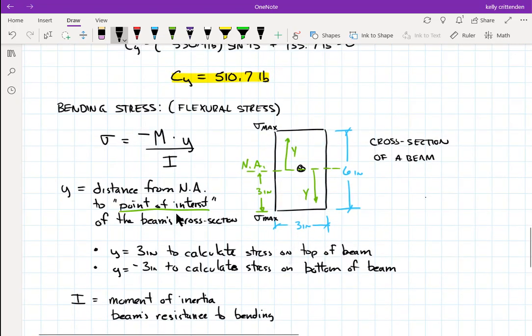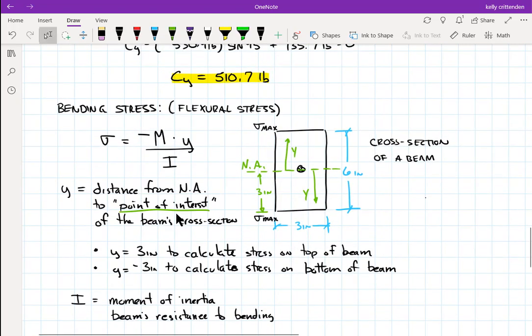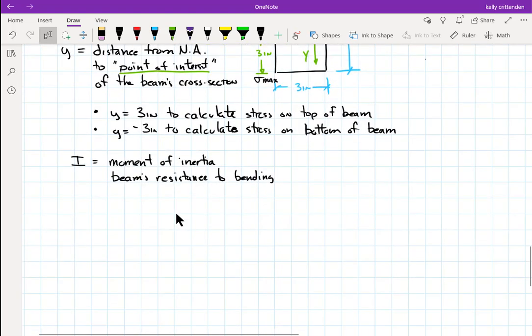So obviously the bigger number I put in for I, the smaller the stress gets. A beam that has a really large moment of inertia doesn't bend a lot, doesn't have as much stress under it, because I've put a really big number in the moment of inertia denominator of this equation. It's based on the cross section.